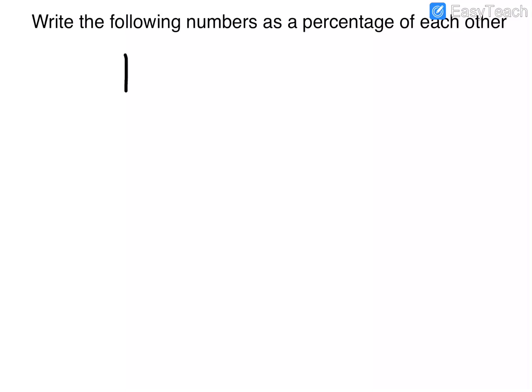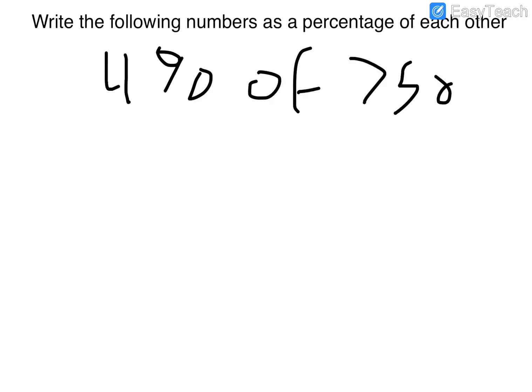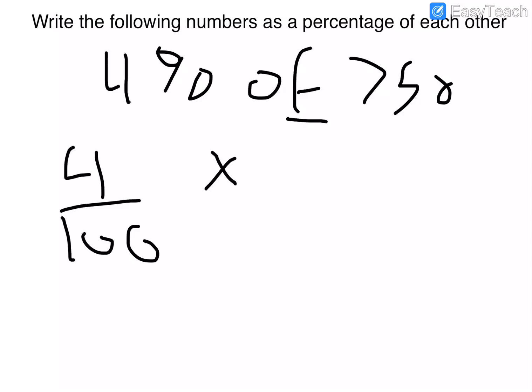It might say 4% off on some big trousers. You're like, 4% of $750, and it must be some expensive trousers. So you write the 4 out of 100, and then you times it by 750 over 1.